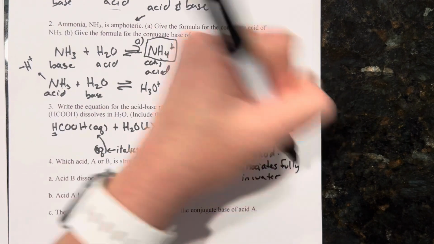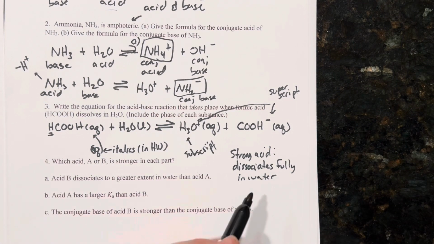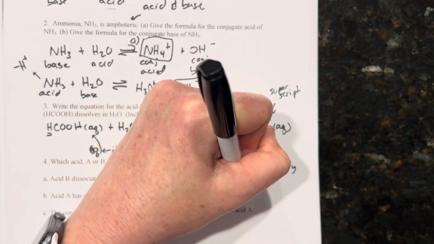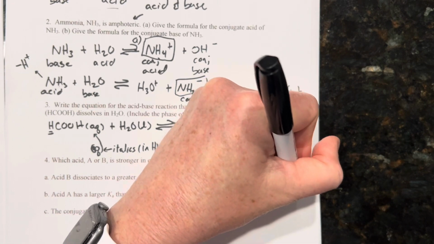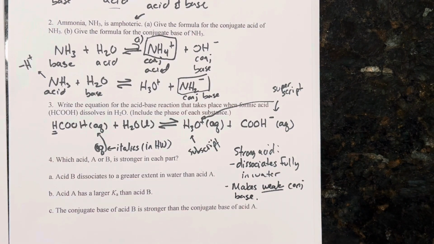So if you put some HCl in water, we said it totally broke apart. The other thing about a strong acid is it makes a very weak conjugate base. So the stronger the acid, the weaker the base. All right, let's use that information to see if we can figure this out.